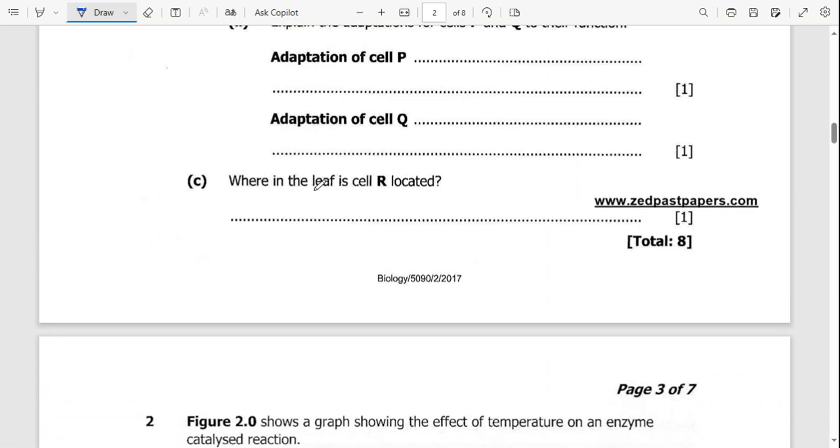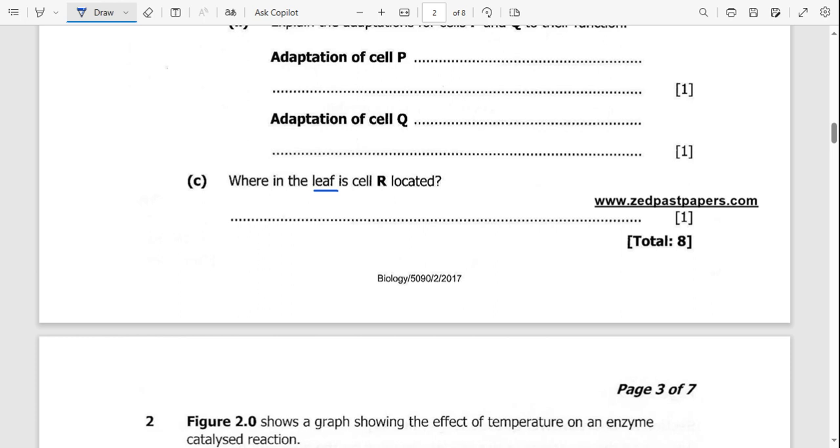Where in the leaf is cell R located? In which part of the leaf are we going to find a palisade cell? To know that, what is the function of the palisade cell?